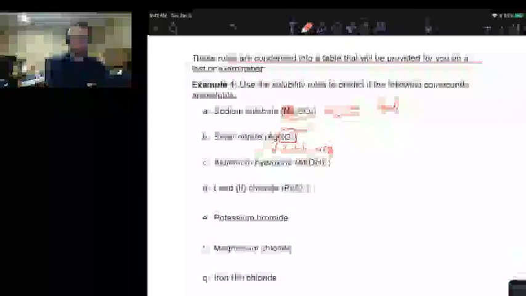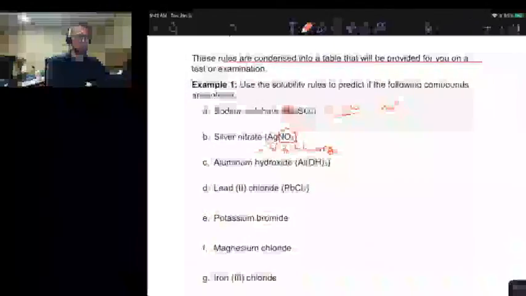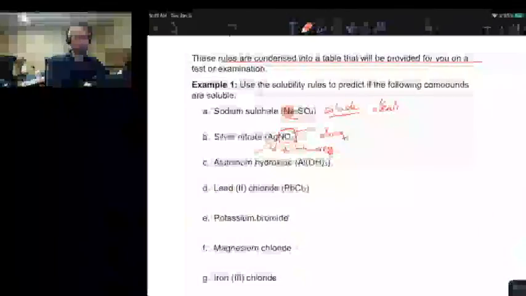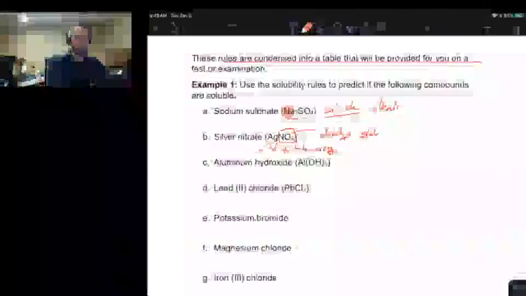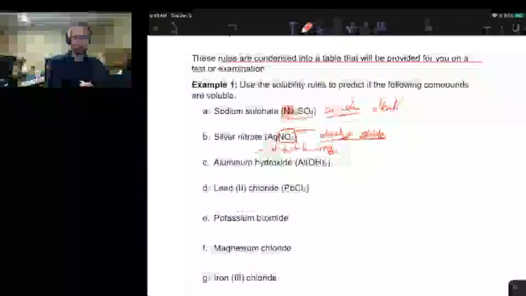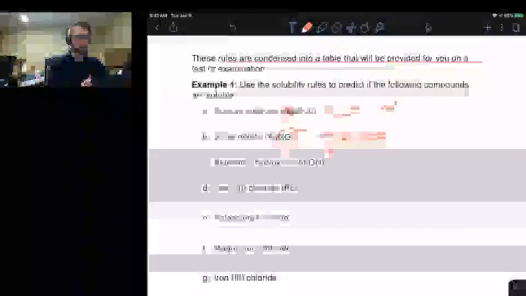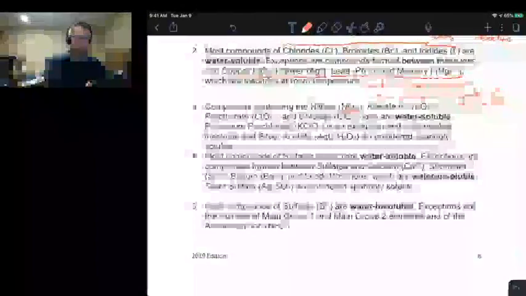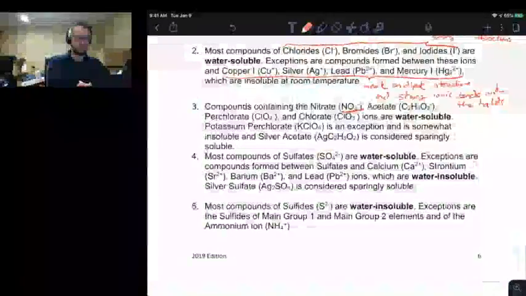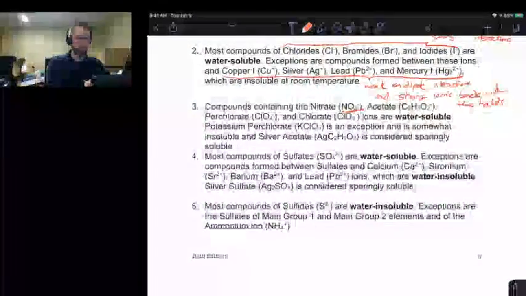So that's always soluble. So we are good. And we can double check. We can look up here, find those nitrates. Compounds are water soluble. There is one exception, silver acetate. Okay, so we didn't have either of those.